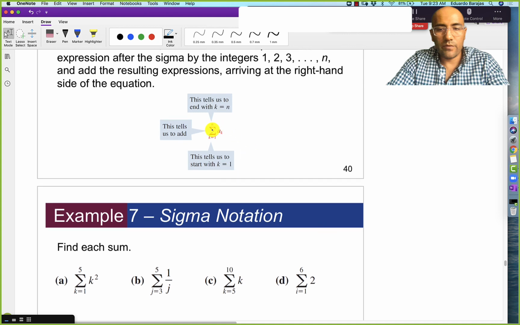So this giant sigma tells us to add. The k tells us where to begin: k equals 1. The k equals n tells us where to end. Be careful because it doesn't always have to start at 1. It could be a different value that goes in there. And then if there's more than one instance of the a sub k, then you would apply it to all of them. Good.